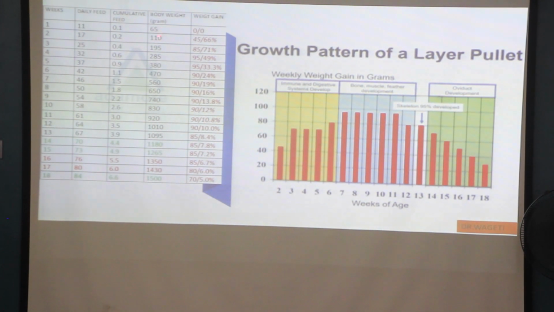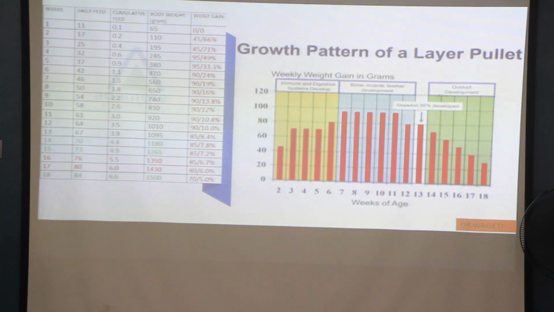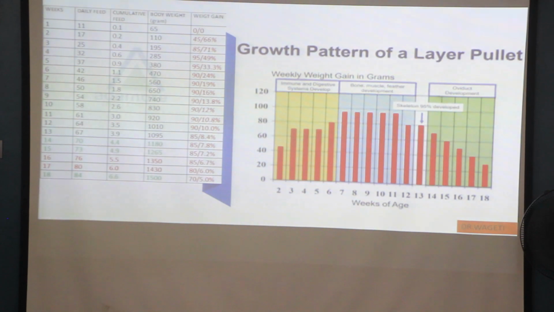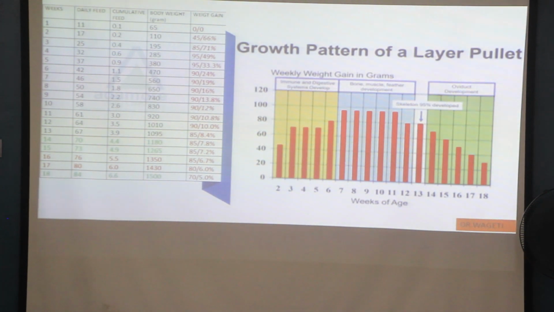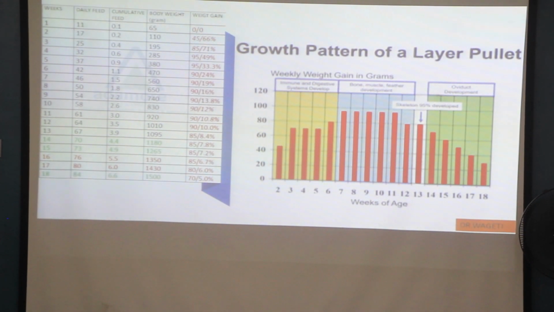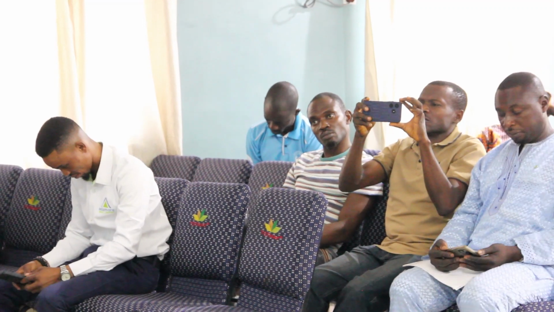This is the standard. When you collect day-old chicks from a hatchery, let them give you the breed standard, especially the weight, so that you can follow it. You checkmate yourself every week on whether they meet the standard, because these birds lay based on weight, not by age. So when you come to layer business, don't talk of weeks, talk of weight.